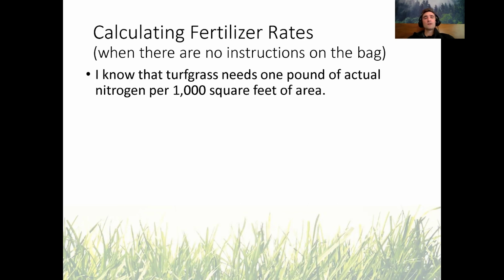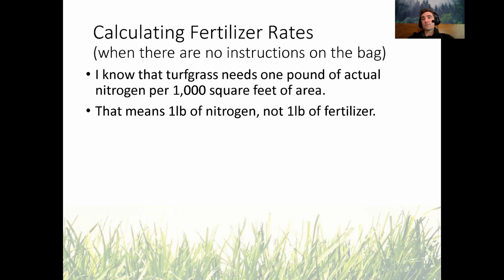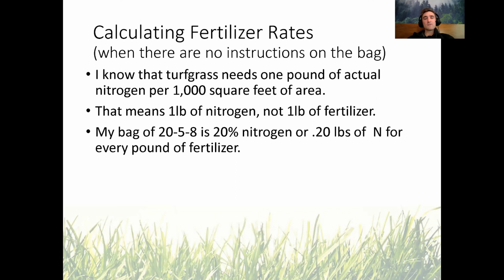So remember, we need 1 pound of actual nitrogen per 1,000 square feet of area. That's 1 pound of nitrogen, not 1 pound of fertilizer. Don't get it mistaken. 1 pound of nitrogen. So in my first bag of 25-8, that is 20% nitrogen.